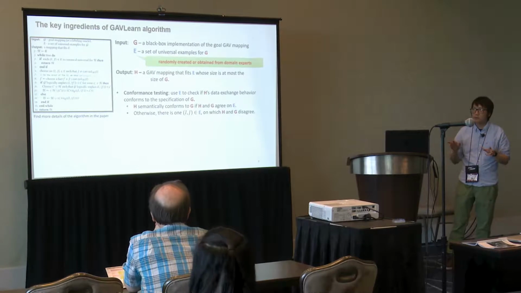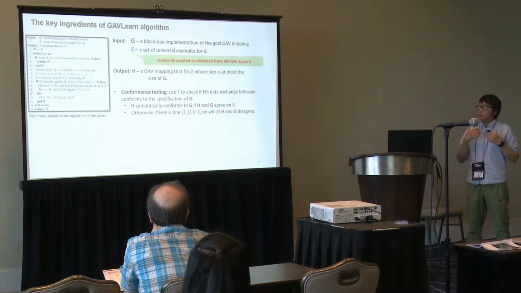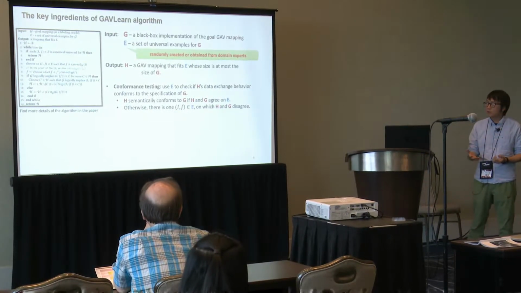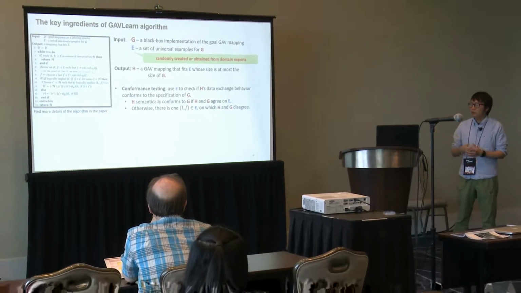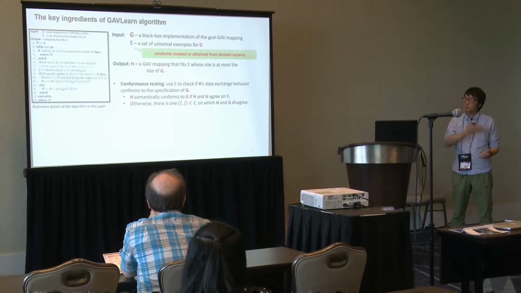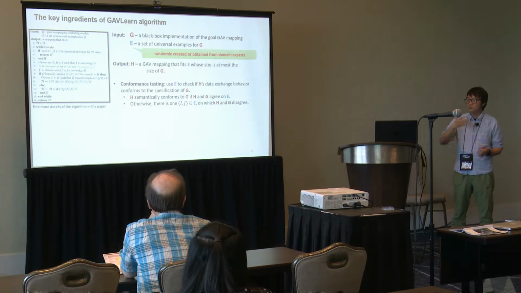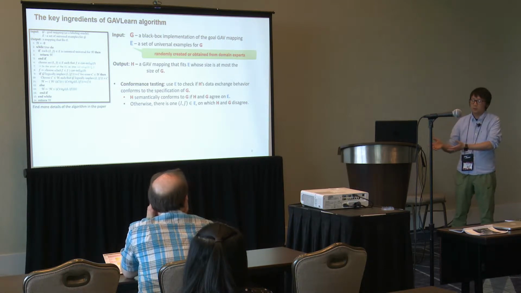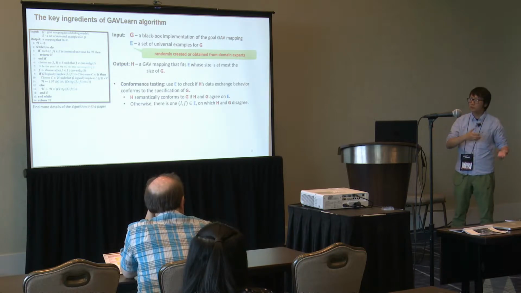The basic idea of conformance testing is that we use E, which are observations of the data exchange behaviors of the Go schema mapping G, to check whether the data exchange behavior of H conforms to the specification of G. In particular, we think H semantically conforms to G if H and G agree on E. Otherwise, there is an example, IJ in E, on which H and G disagree, and this example is considered to be a counterexample.